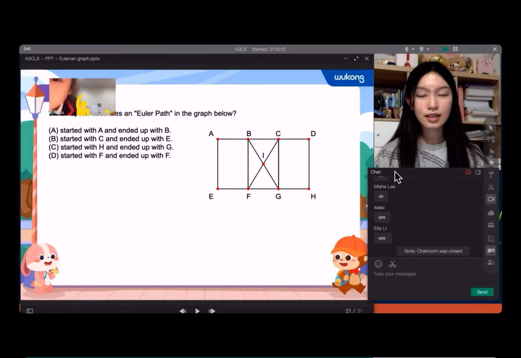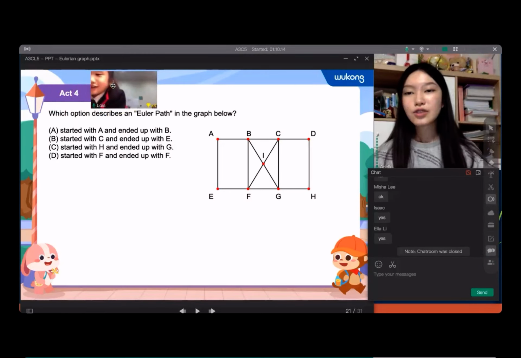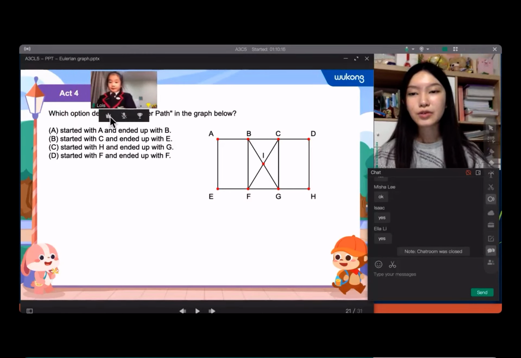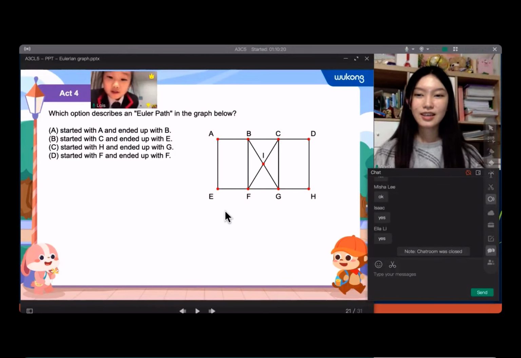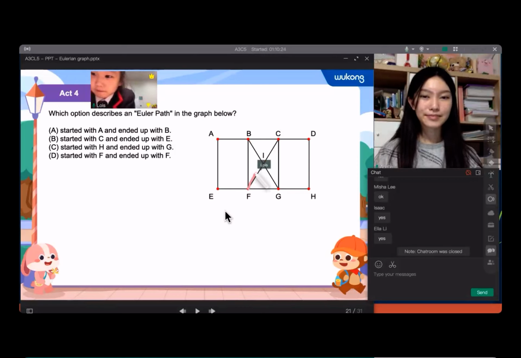Louis, hello. Would you like to draw for us your Euler path for the graph below? Yeah. So I've given you the pen function. There you go.